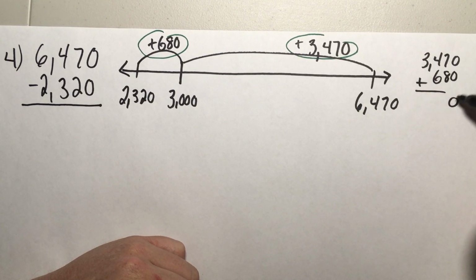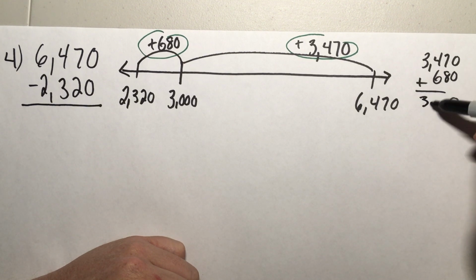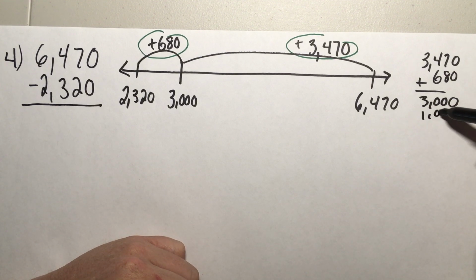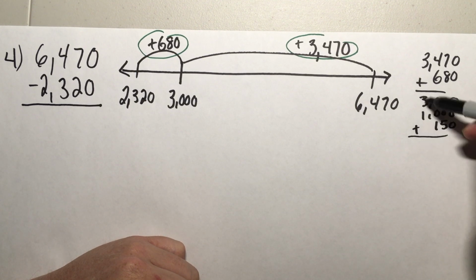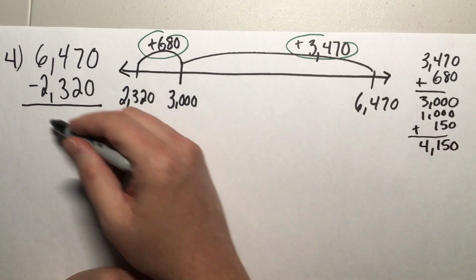Okay, you know what I want to do? I want to do partial sums instead. So 3,000, 1,000, 150, and then if I add that together, I get 4,150.